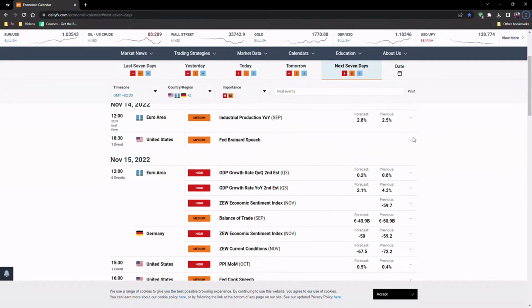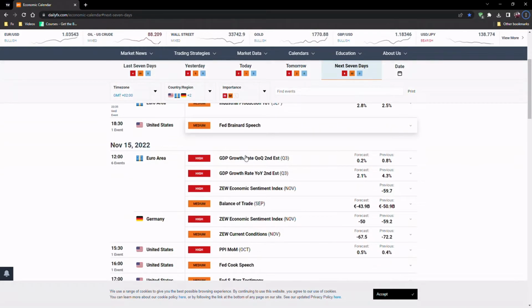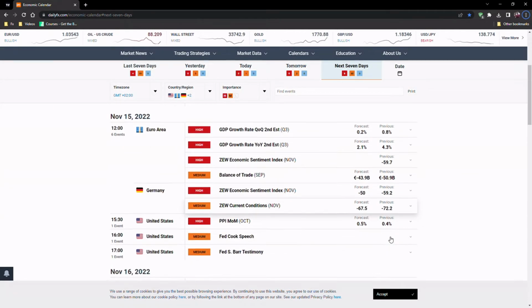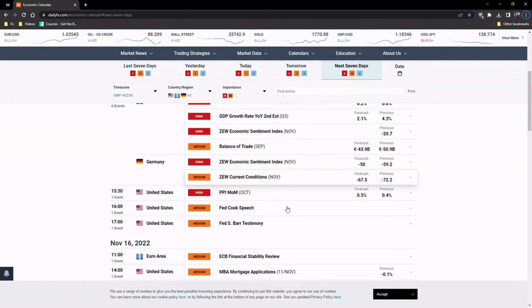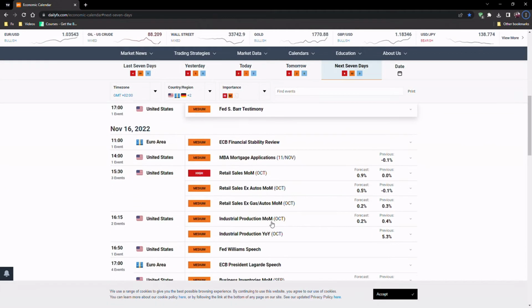On Monday, we do have the French data, which is not gonna affect us. The euro growth rate might affect our Germany, and then the Zurich one, I don't think that will affect us. We're still on Tuesday. And for the US30, US100, no, right?